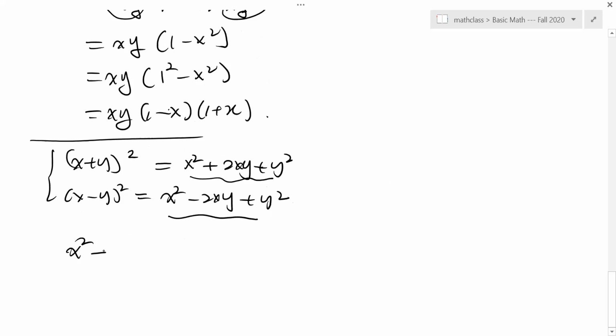If I see x squared plus 2x plus 1, then that is just x plus 1 squared. If I change the sign to minus 2x, that will be x minus 1 squared.